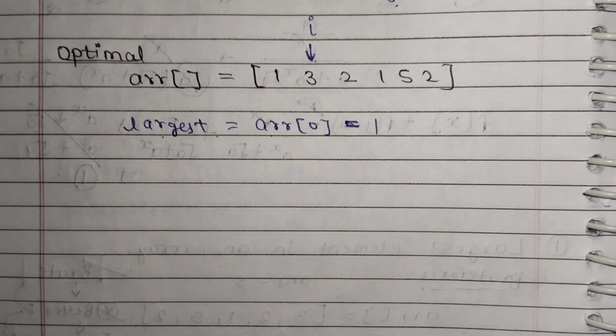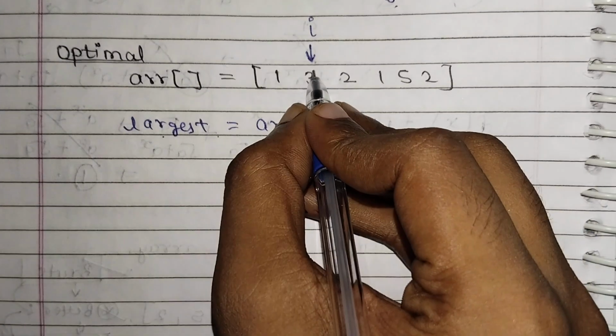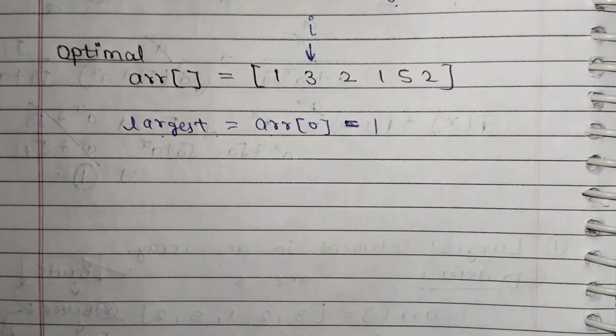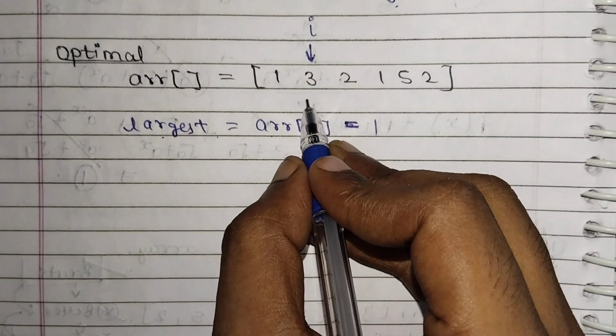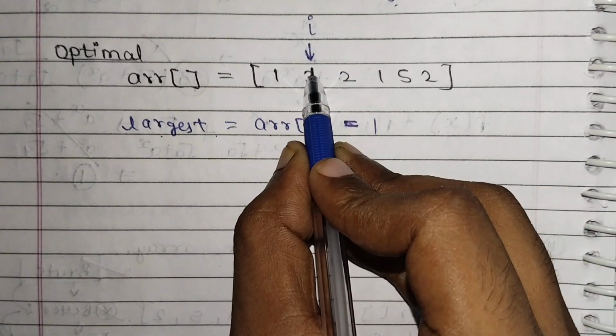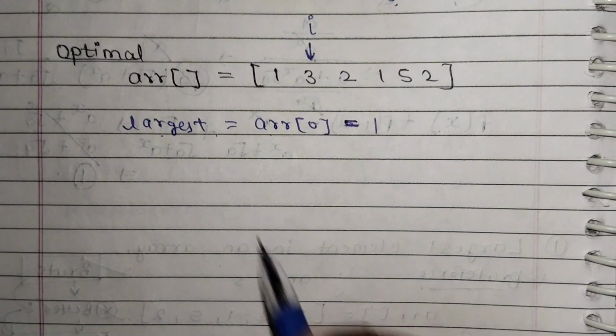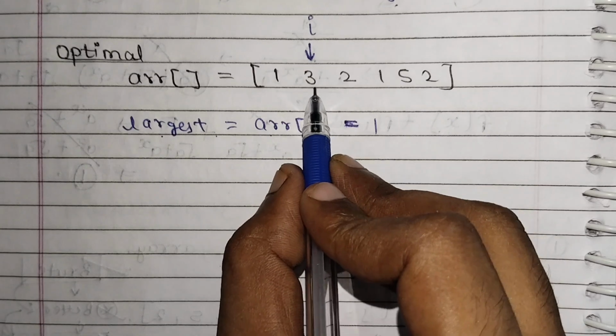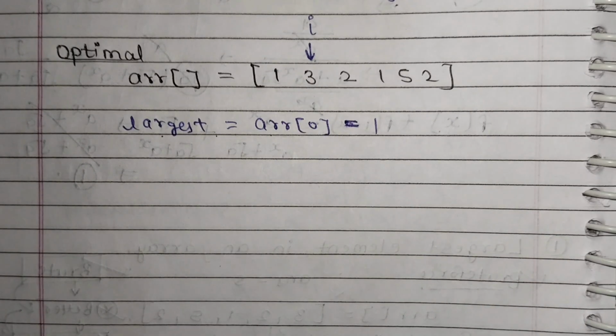At i equal to 1, the element is 3, and we have to compare this 3 with largest.